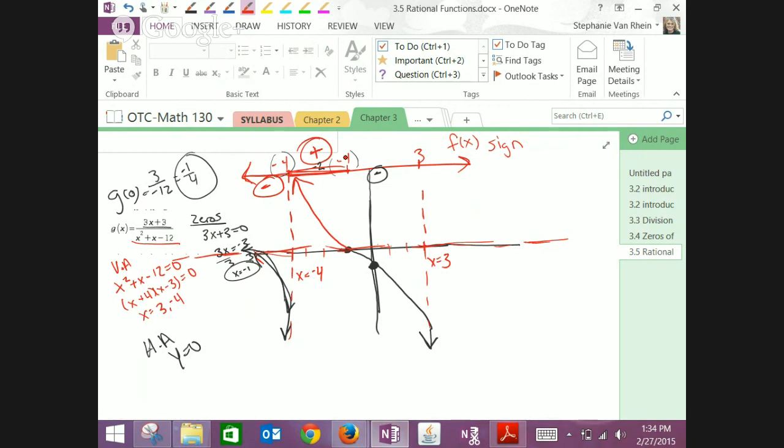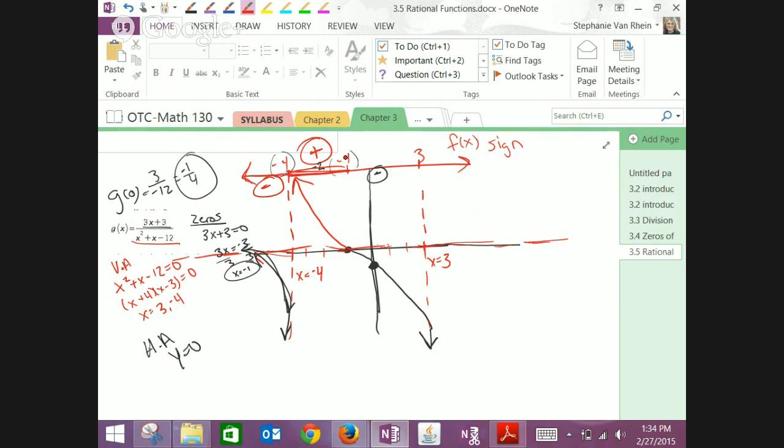Here, from -1 to 0, I plugged in 0 and I got negative, so it has to be this way. If I plug in 0, I get a negative number. So I have to be below the x-axis. So if I need to connect this point and approach this asymptote, and I cannot cross the x-axis, I'm either going this way or I'm going this way, depending on whether the function's positive or negative in that region.